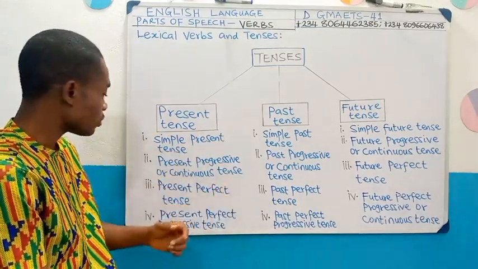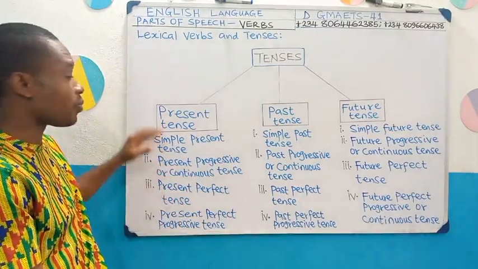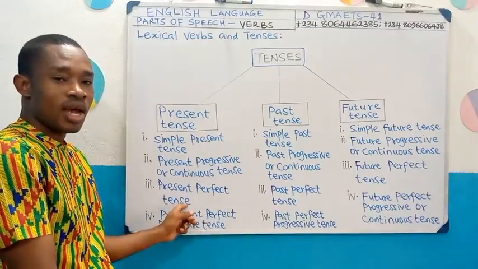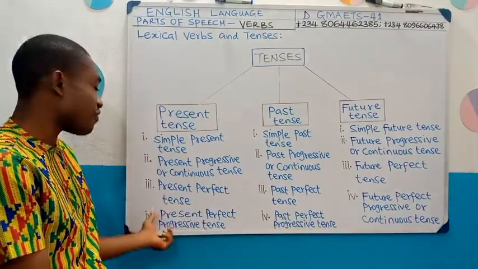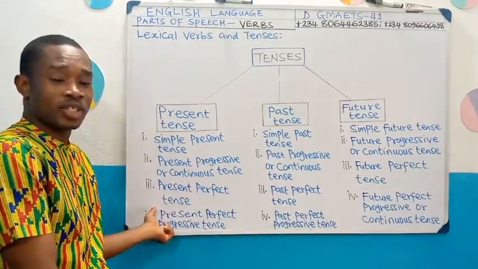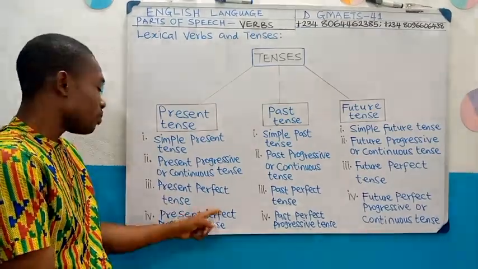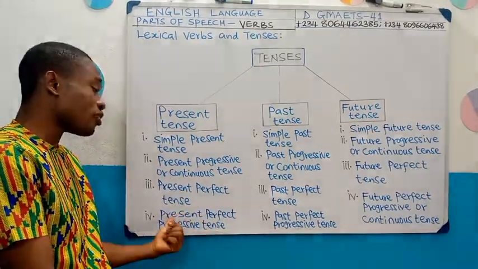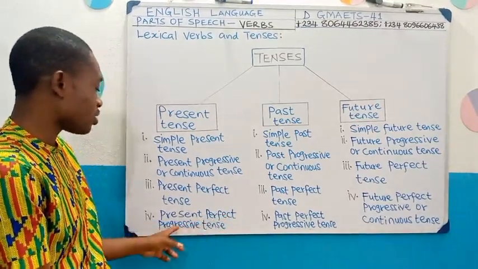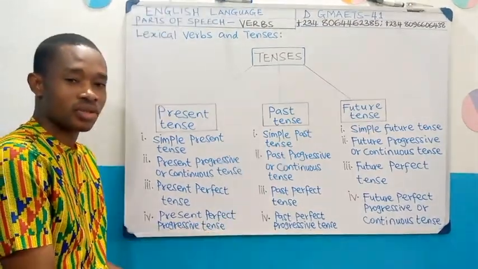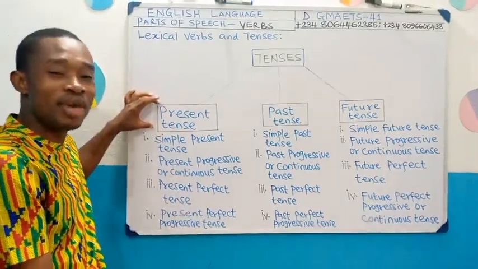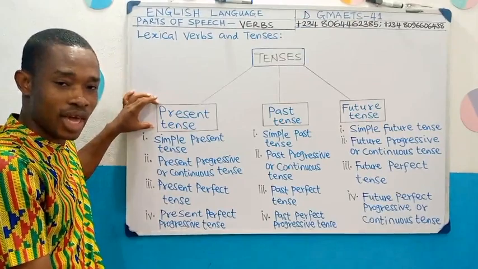Continuous. Number 3, under the present tense, we have present perfect tense. And then under the present tense, we still have another, which is called the present perfect progressive tense. You can also call this the present perfect continuous tense. So these are the 4 tenses under the major tense, present tense, okay?